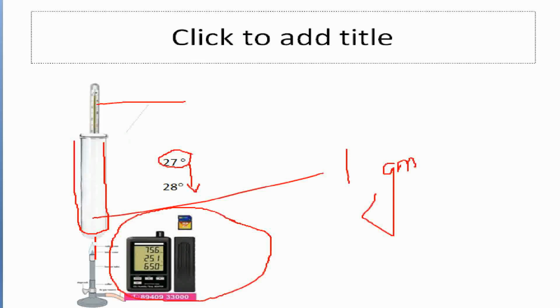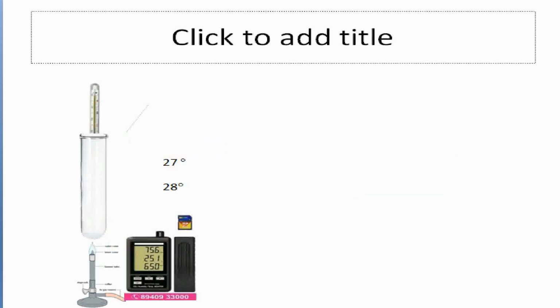So, as a definition, the amount of energy required to raise 1 gram of water through 1 degree Celsius is called 1 calorie. Suppose instead of 1 gram of water we take 1 kg of water.